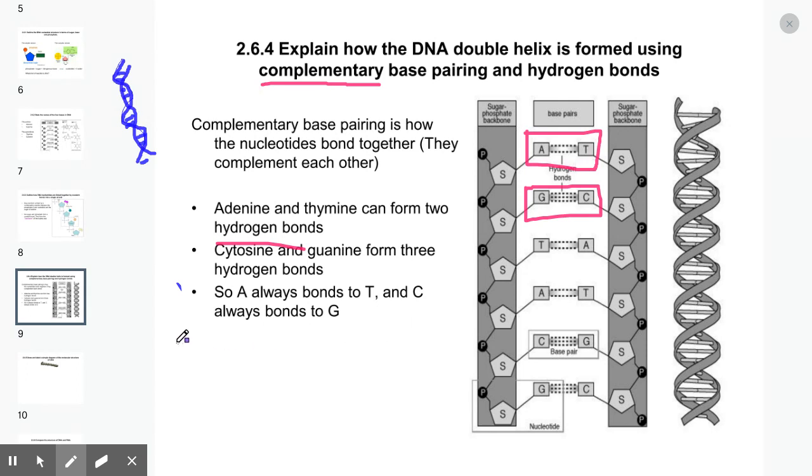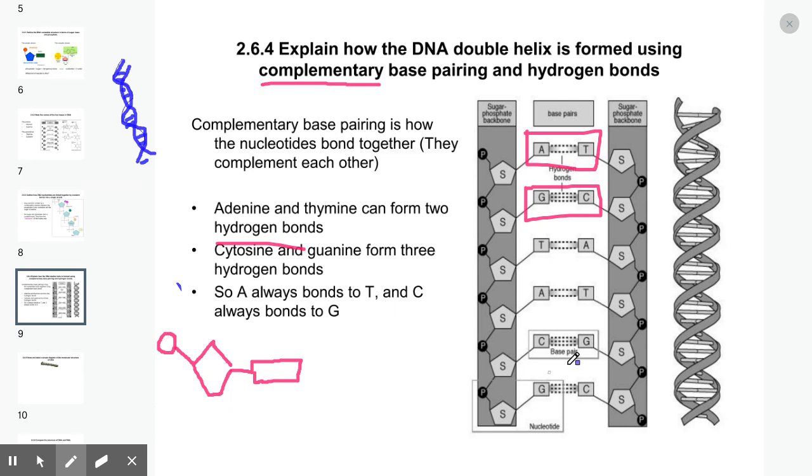So let's do one real quick. I'm going to draw just 2 of them stuck together so you can see how it looks. Again, the phosphate, the deoxyribose represented by a pentagon. Off of carbon number 1, we have our nitrogenous base. And then I'm going to draw another one on this side.